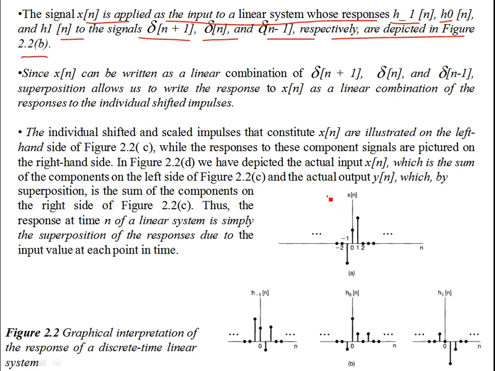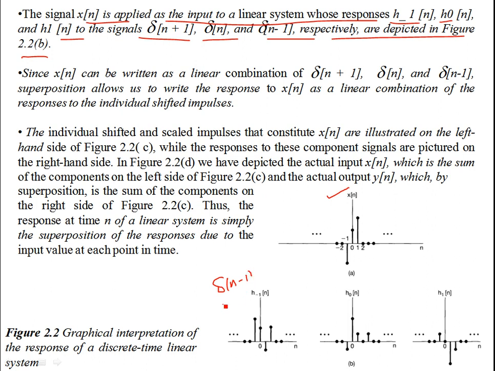So we have this arbitrary input x of n applied to a linear system. This is x of n, an arbitrary input sequence, but all we know is the impulse response for delta n minus 1.